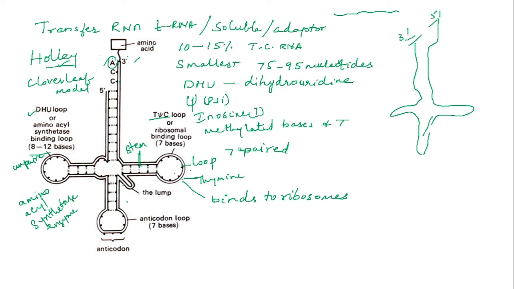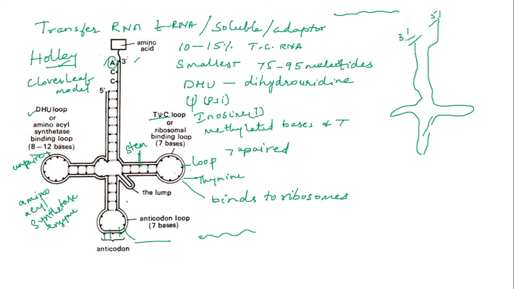Then there is another region which is called the Anticodon Arm. In this Anticodon Arm, there is one nucleotide triplet. All the tRNA molecules have this site, which is the recognition site of the complementary triplet codon.